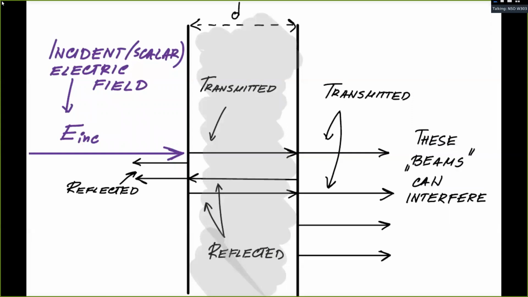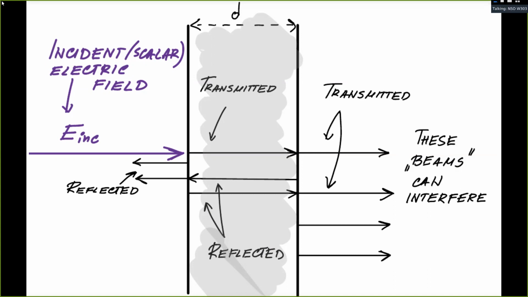Fabry-Perot is basically nothing but a slab that is capable of transmitting some amount of light and reflecting the rest. Right. So what happens here, and let's dissect this image very slowly, you might remember this from your undergrad studies, is you have a nice, plain monochromatic harmonic wave coming from the left side, characterized by some incoming electric field, and part of that electric field is transmitted, part is reflected back.